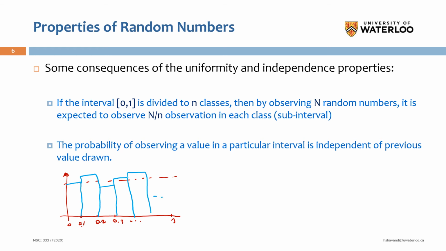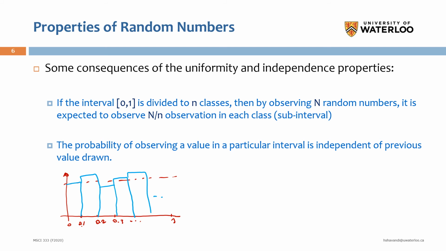We don't expect exactly uniform because it's just 1,000 numbers. If we generate infinite numbers, then yes, we expect to see exactly the uniform distribution. But with a limited number like 1,000, we expect to see something like this.